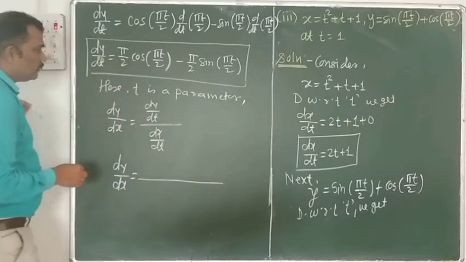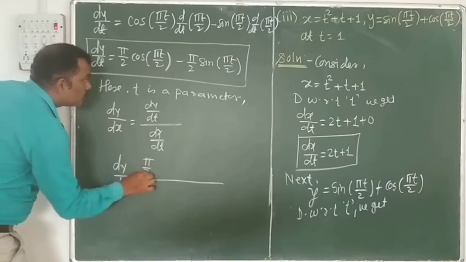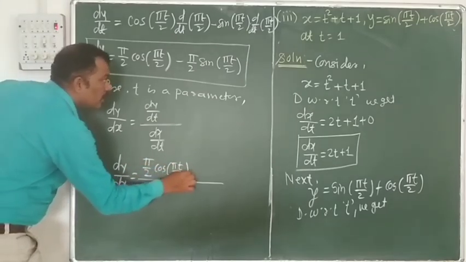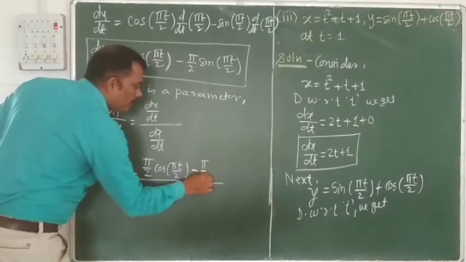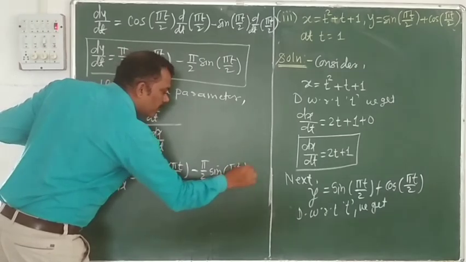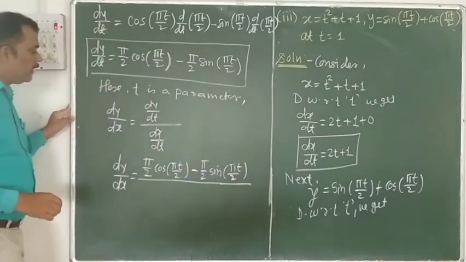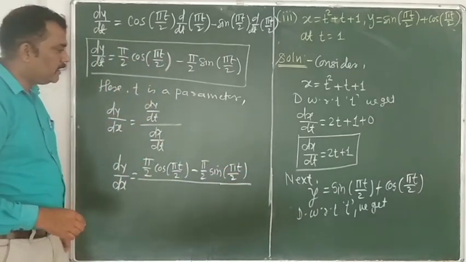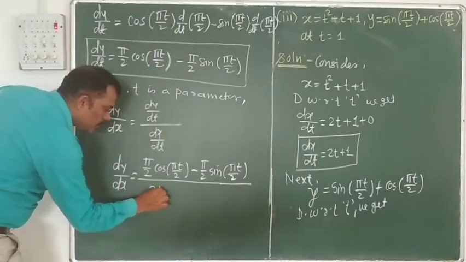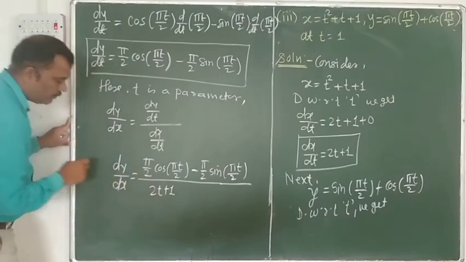This one, so we can write pi by 2 cos of pi t by 2 minus pi by 2 sine of pi t by 2, divided by dx by dt, which is 2t plus 1. That is the value of dy by dx.